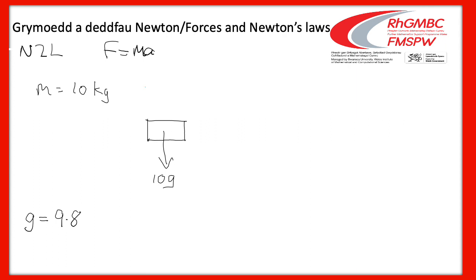We use 9.8 because it actually cancels nicely with lots of other things. If we've got some forces acting on it, I've got a force acting that way of 4 newtons, and one acting this way of 6 newtons.